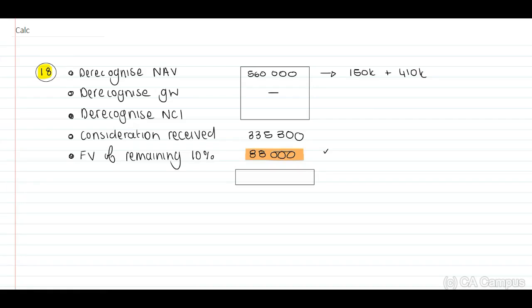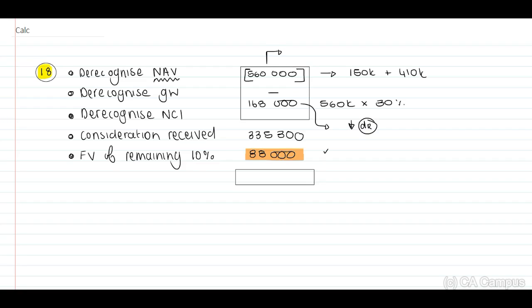Right? Any goodwill? No. We need to derecognize our NCI, and this will be the 560,000 times 30%, and this will be an amount of 168,000. Now guys, if we derecognize our net asset value from a group perspective, you need to include your brackets. If we derecognize our NCI, remember your NCI will decrease on the debit side, right?